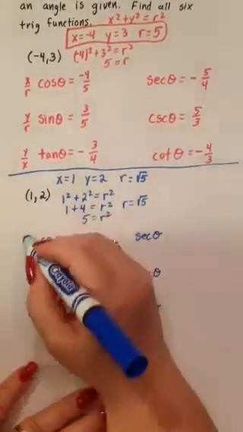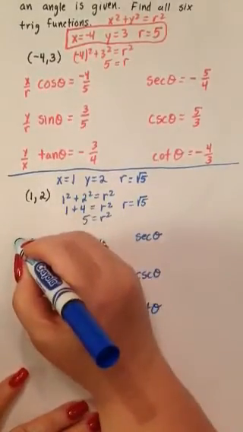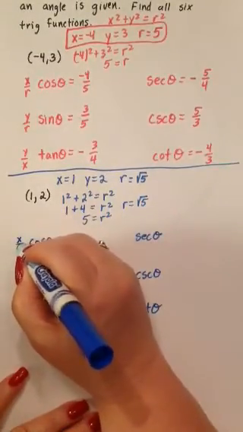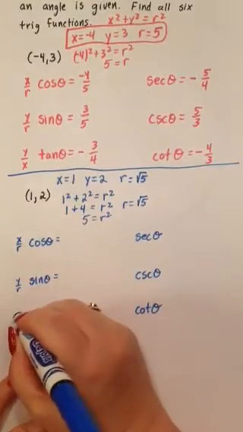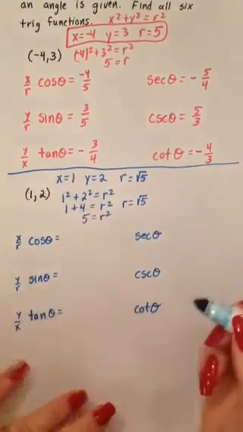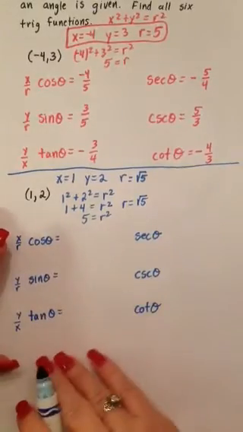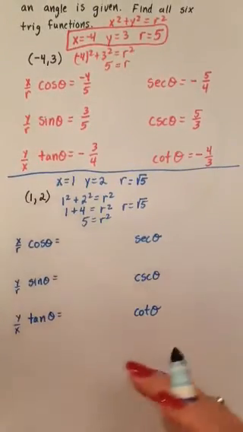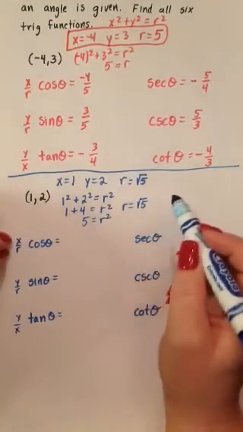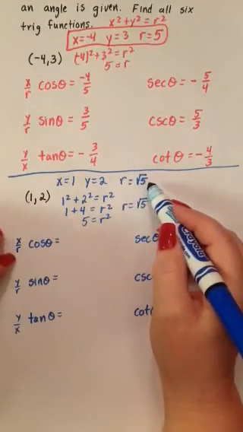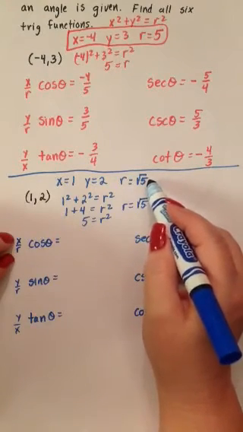All right. Remember that cosine is x over r, and sine is y over r, and tangent is y over x, okay? So my problem is that square root of 5 is going to be in my denominator. I could already foresee that it's going to be a little bit annoying because it's bad manners to leave a radical in the denominator.